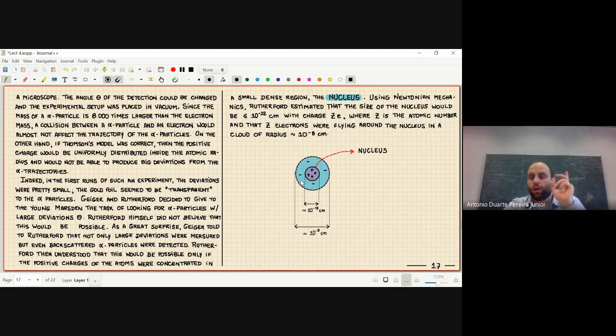Namely, we don't have a cloud of uniformly distributed positive charges, but rather we have a very tiny and dense nucleus with all the positive charges of your atom.